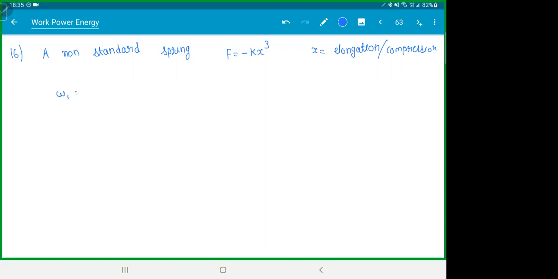Let's say W1 is the work done by external force to stretch from x to 2x. W2 is the work done to stretch from 2x to 3x. Find W1 by W2.